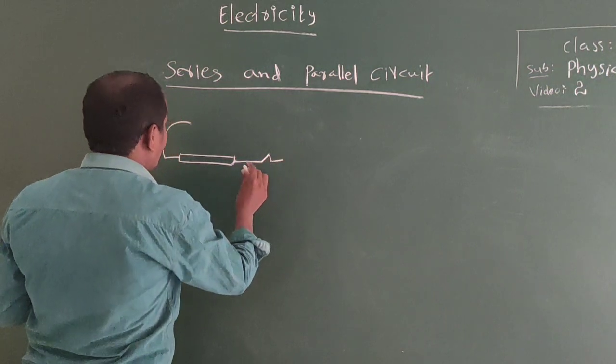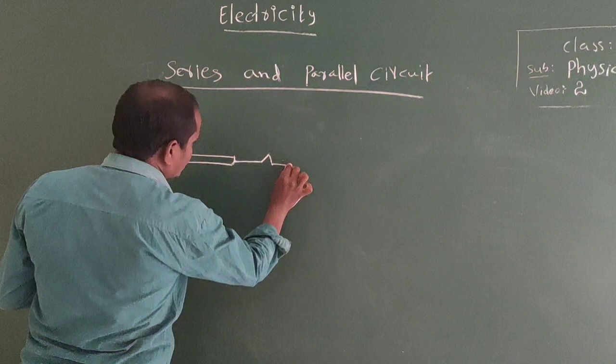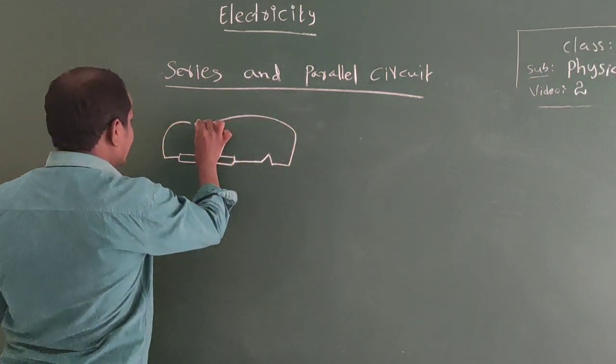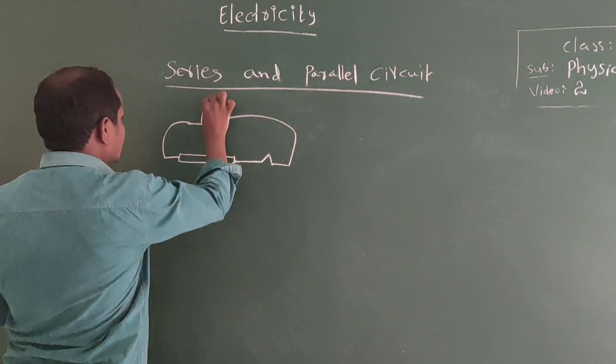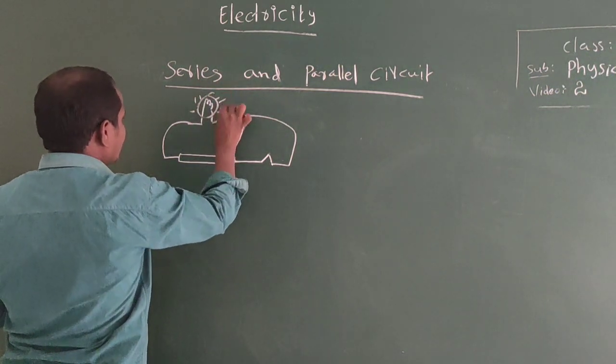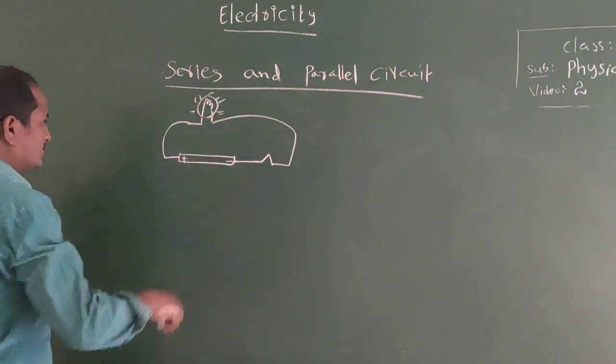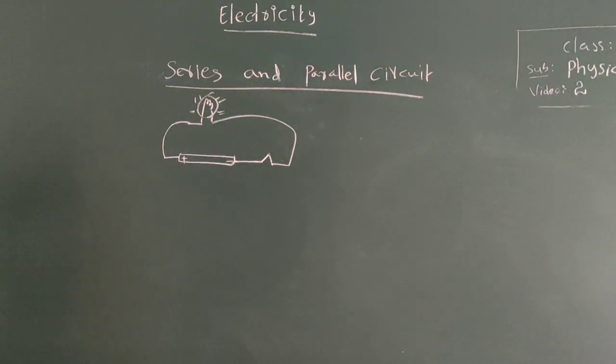Here the switch is closed, so now the current is flowing. These two wires are connected with the bulb. The bulb is glowing.